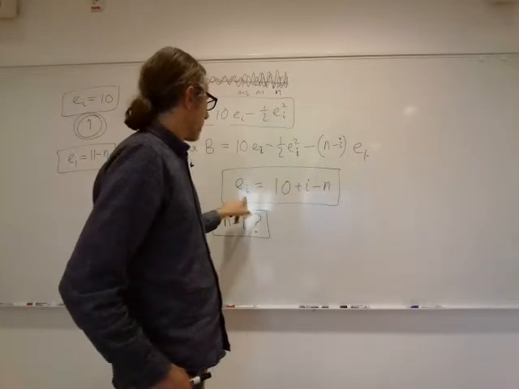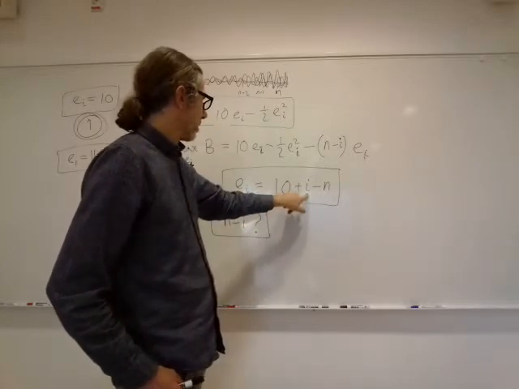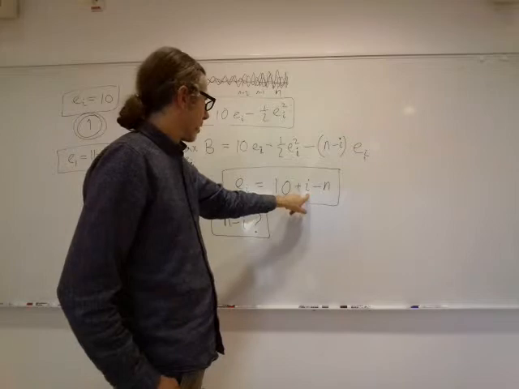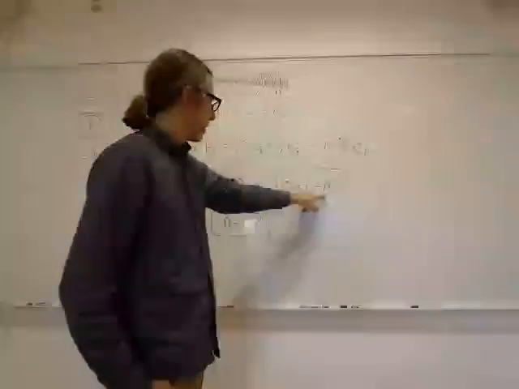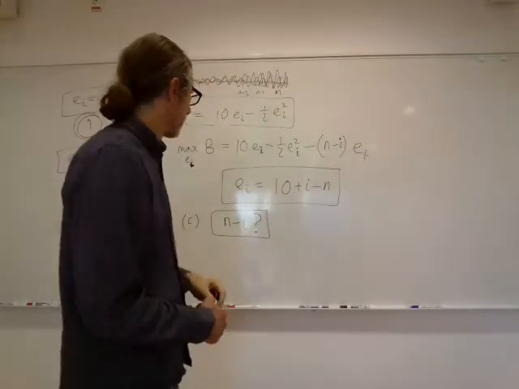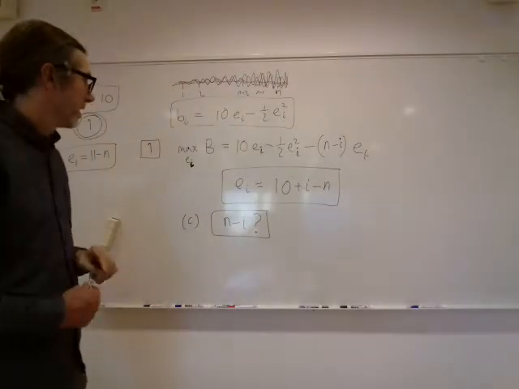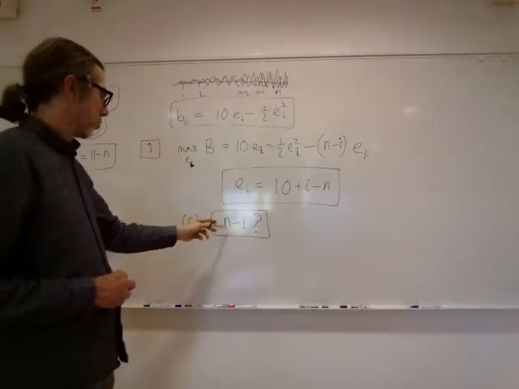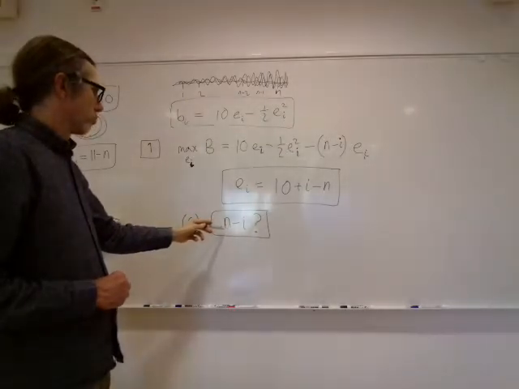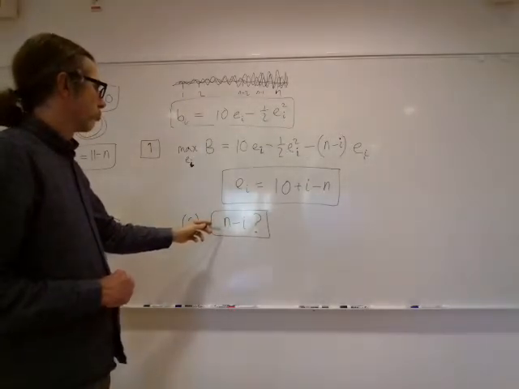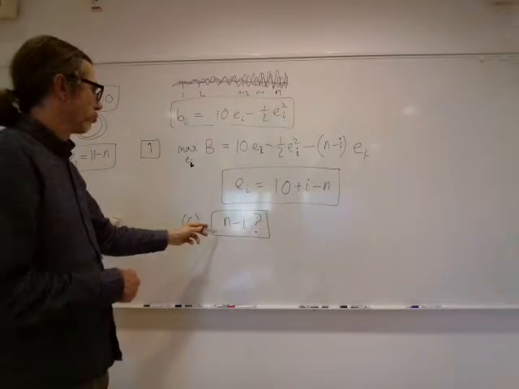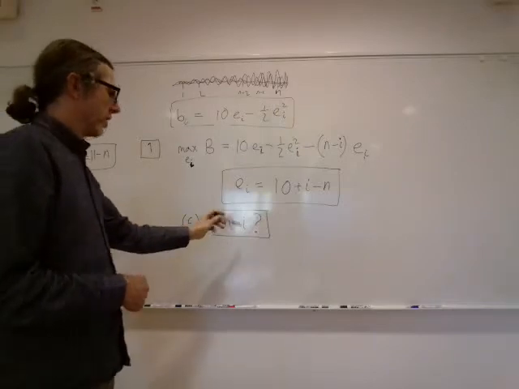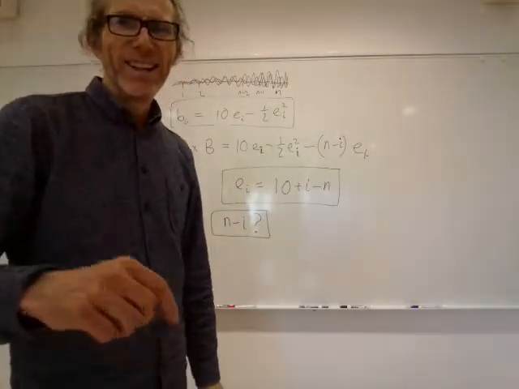So emissions by country 1 are 10 plus 1 minus 2 is 9. Country 1 will emit 9, cause damage is 9. Nah, so this isn't right, is it?